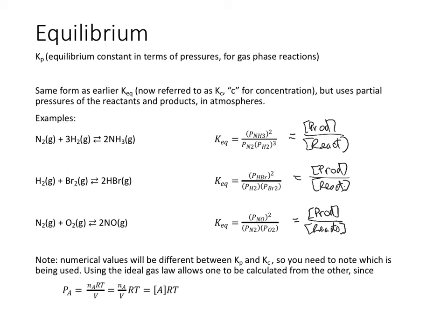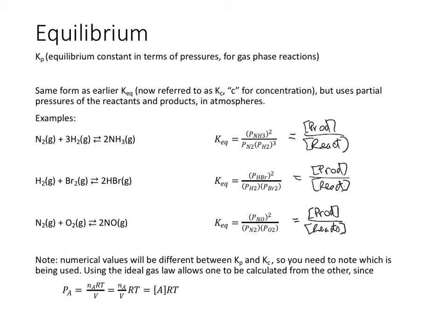Now let's notice that the numeric values of Kp and Kc are going to be different. So you'll need to note, when you're reading a problem, an article, or a book and they talk about the equilibrium constant, what they are referring to, Kp or Kc, when we're dealing with gas phase equilibria.